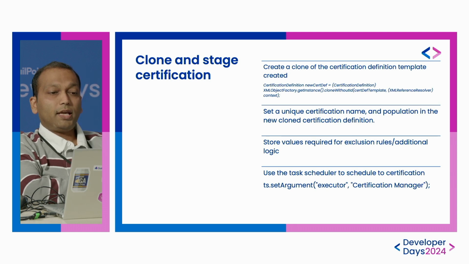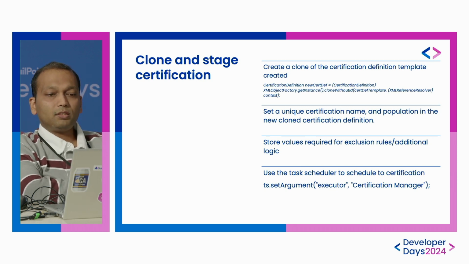So the next step in the solution is to clone and stage the certifications. Once we have all the components defined, like generating the CSV file, creating the population filter based on the CSV file, defining the certification template, defining the certification attributes, defining the exclusion rules, the final step is to create an actual certification from the template that we have defined.